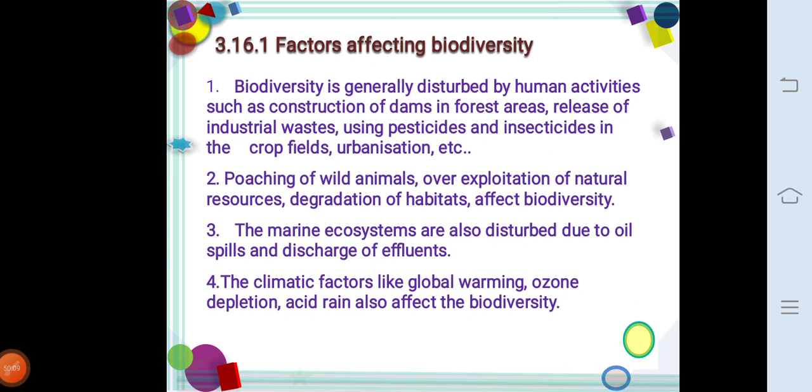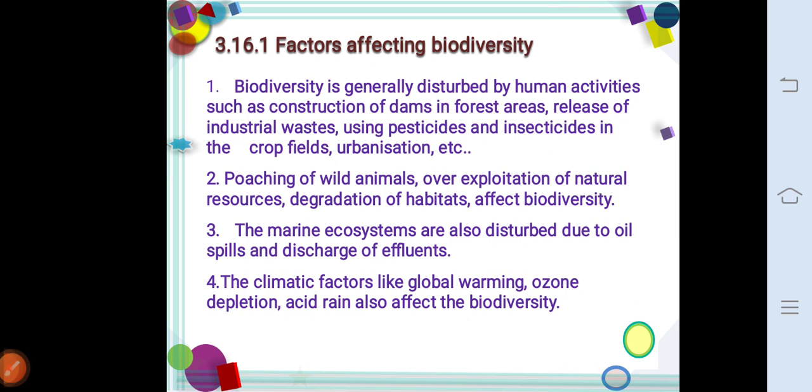It leads to conservation of essential ecological diversity and life supporting systems. Since biodiversity loss results in ecological and environmental deterioration, it is essential to conserve biodiversity.